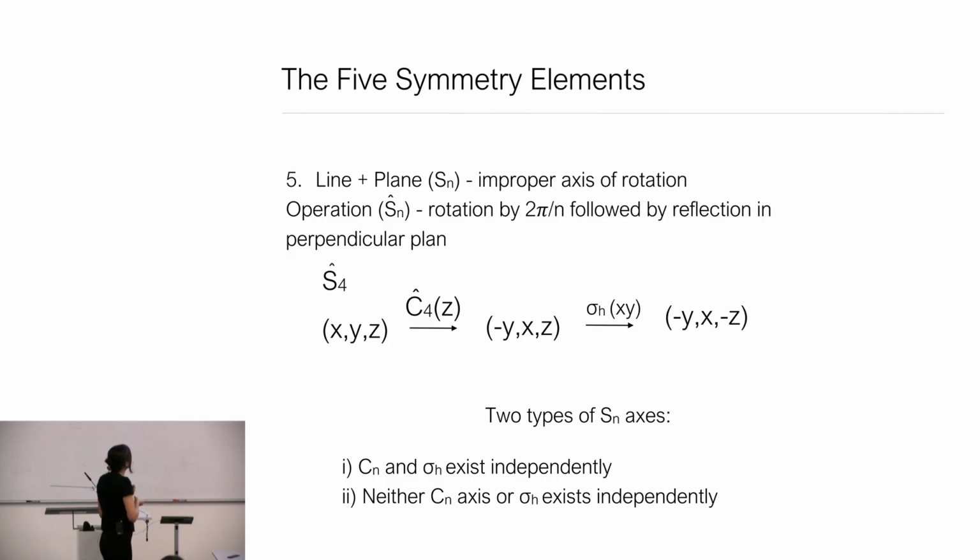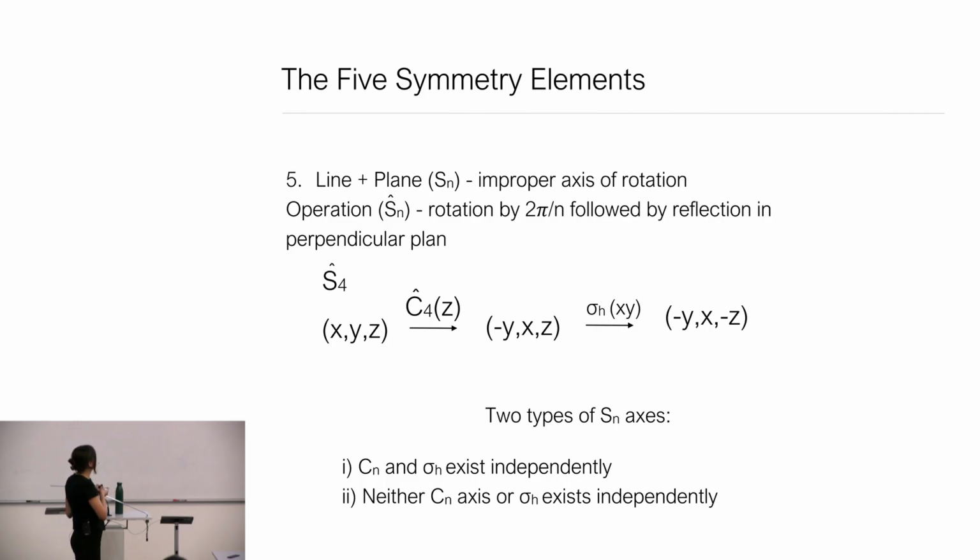Okay. The last symmetry element is what is known as an improper axis of rotation, and this basically is 2 symmetry elements, both a line and a plane. And I'll show you why in just a moment, why we have to define this element together and not as 2 separate symmetry elements. But the way this works, for instance, is if I have an S4 axis, then I do a C4 combined with a sigma h.